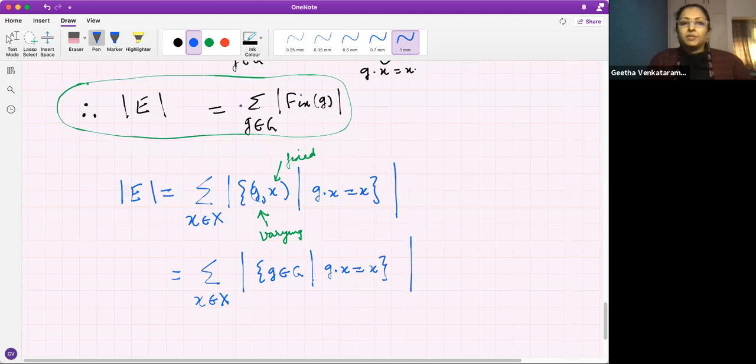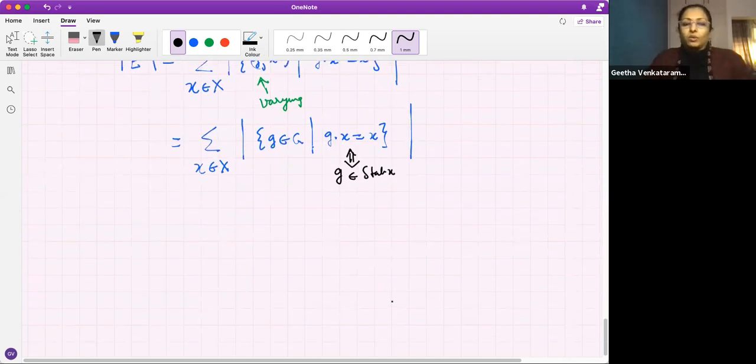But this we saw is exactly the same as saying that g belongs to the stabilizer of x. So what you get is that this is nothing but the summation over x belonging to X of the order of G_x, right? But here we can simplify things better.